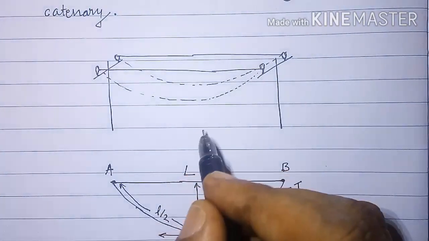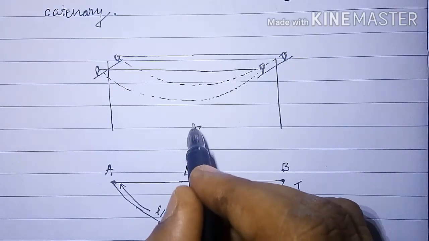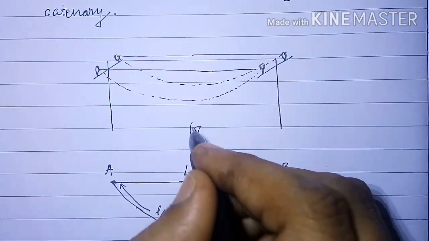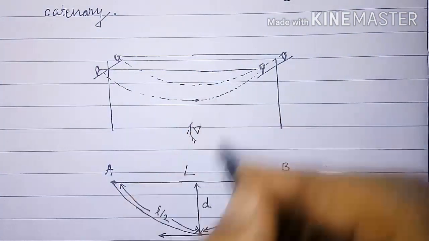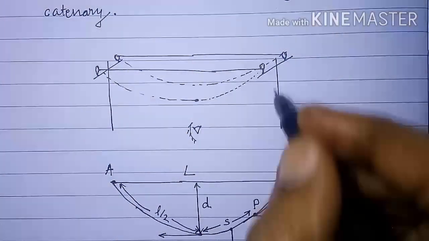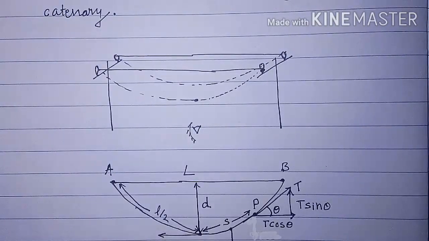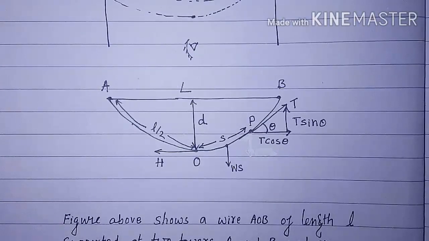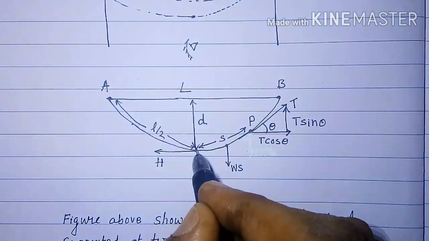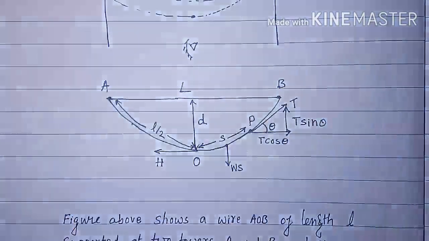In this figure, from the ground, if you see, this is the lowest point and this point is the highest point. That is, in the second figure, O is the lowest point and B or A is the highest point.